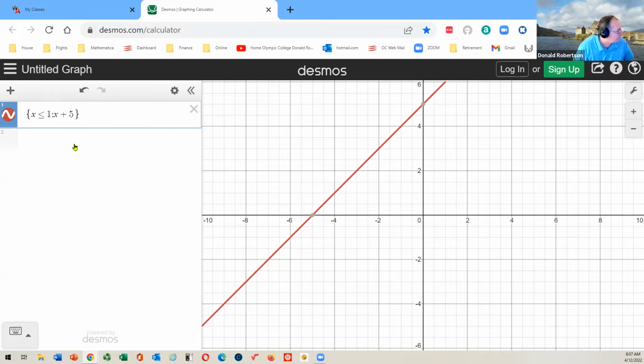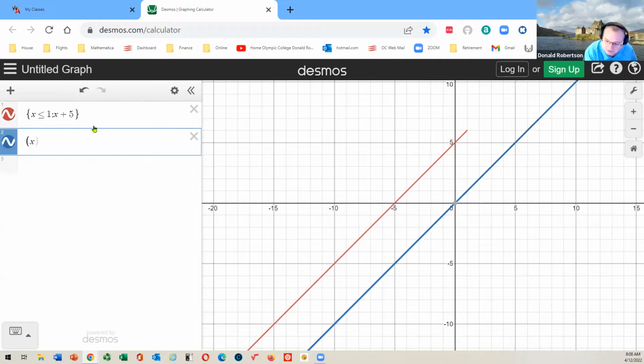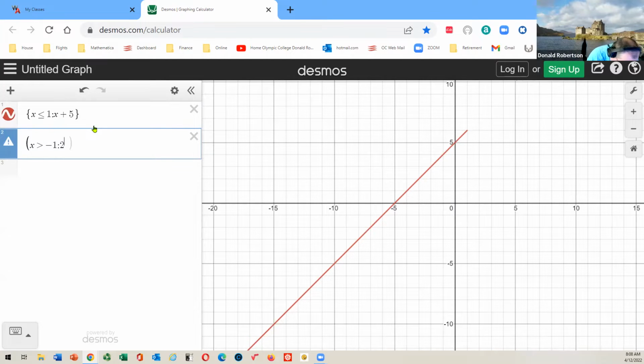That should do it. Can you see it goes that way? And then the second part of the piecewise was 2 to the x, and that was for x greater than, oh, it's -1. Okay, I'll fix that right now. Colon, and it's going to be 2 to the power of x. Got to be careful with brackets.